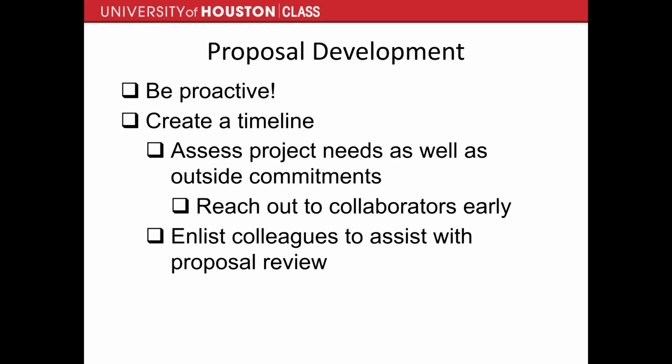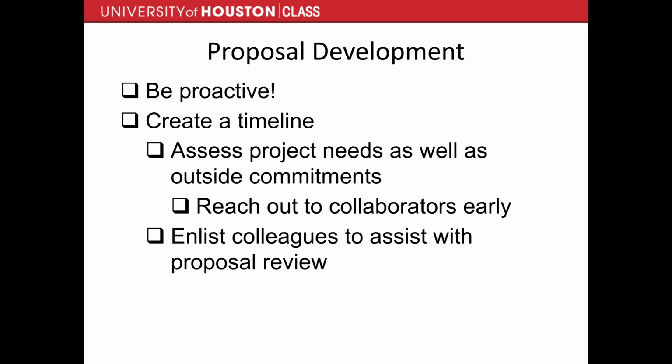Reach out to as many people as you can as early as possible, because that'll help you to better navigate and evaluate who would be the best fit to help you carry out this research project. Also, you want to enlist colleagues to assist with proposal review as soon as possible, again considering everyone's time constraints and commitments.